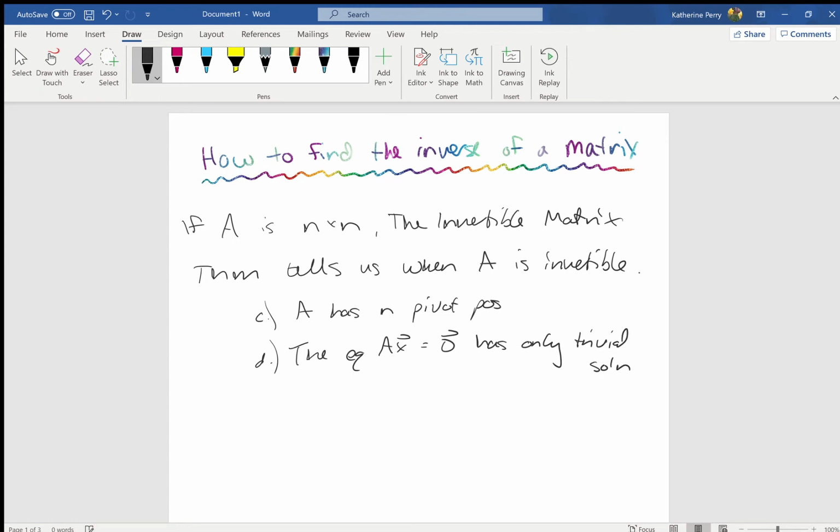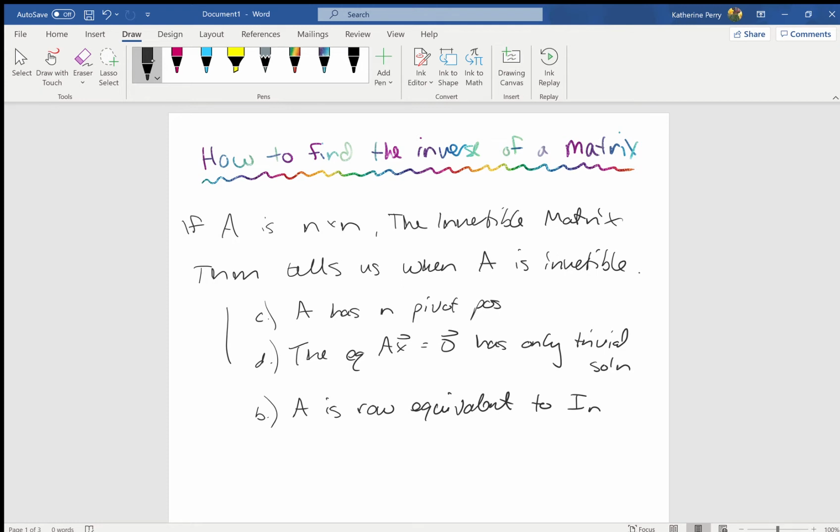But both of these lead to option B, that A is row equivalent to the identity matrix IN.